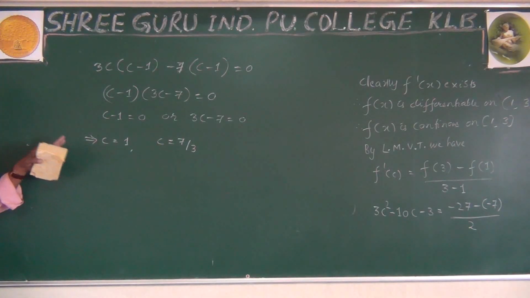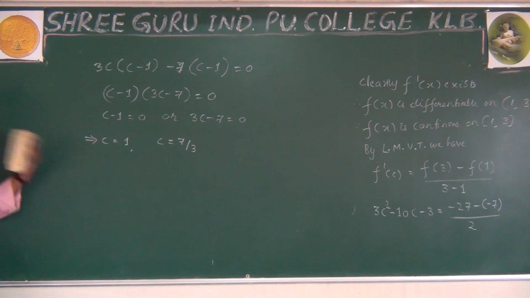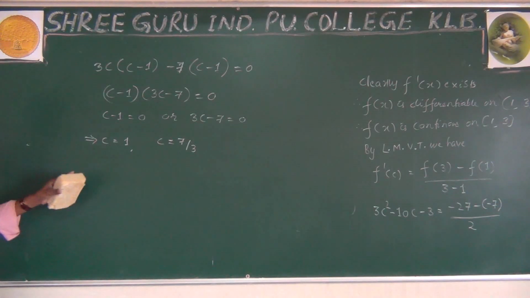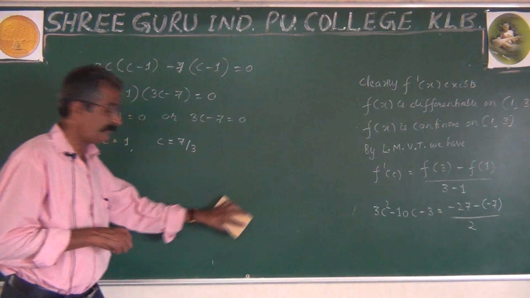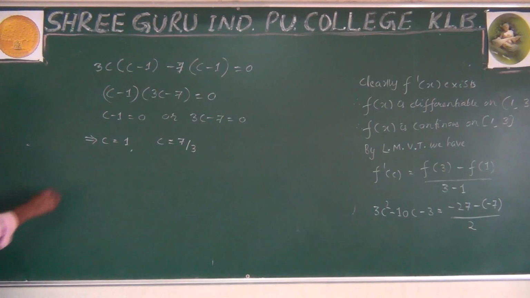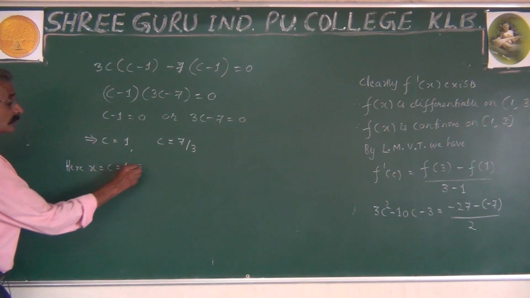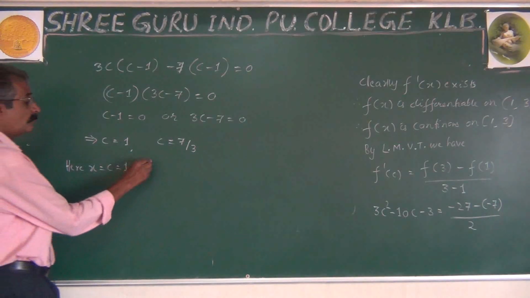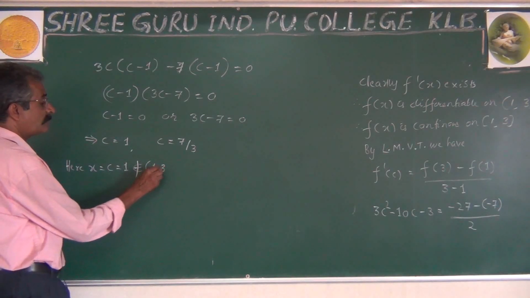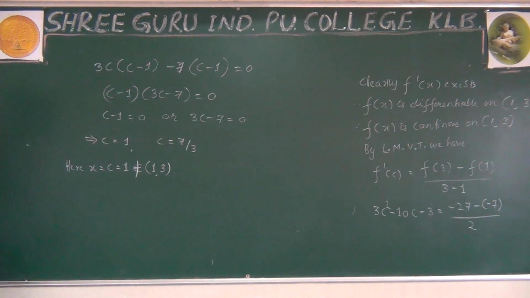But c equal to 1 does not belong to the open interval because it belongs to the closed interval. In fact, it is the first member of the interval. Here, x equal to c equal to 1 does not belong to open interval 1 comma 3. Means for this value of x, LMVT does not verify.